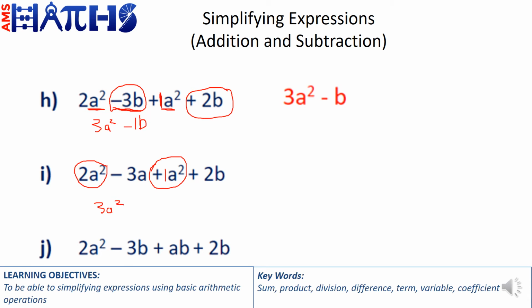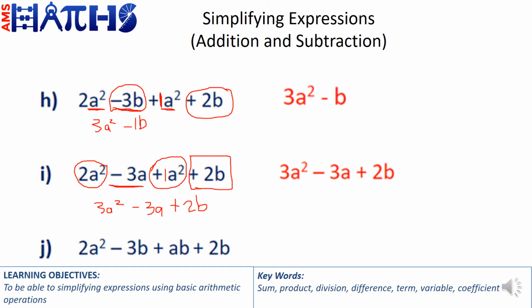Then we have a only, so it's minus 3a, no other a's in the expression, so we write back minus 3a. Then we have our b, and it's a positive 2b. There are no other b's in the expression, so we write back plus 2b. So our answer is 3a squared minus 3a plus 2b.